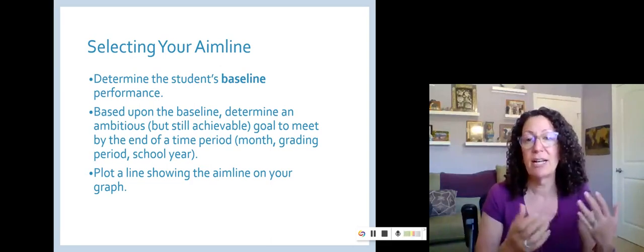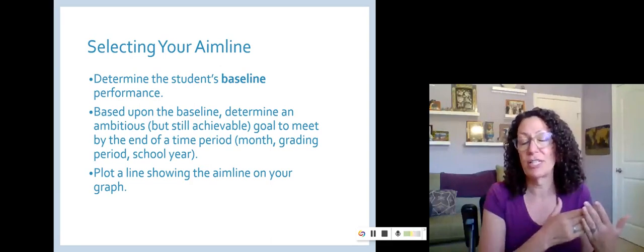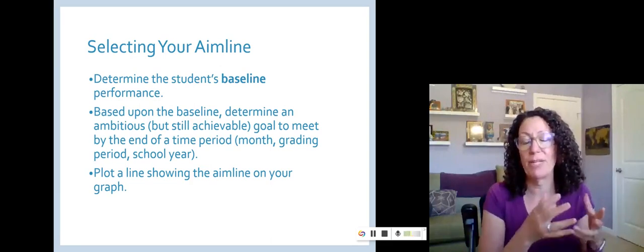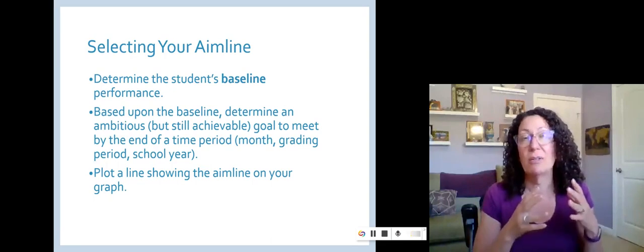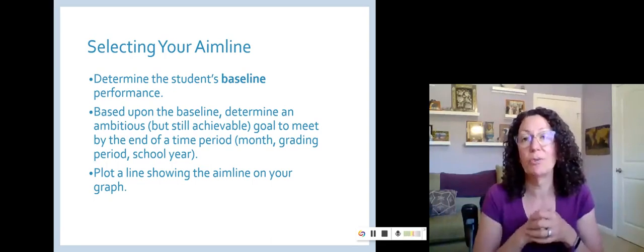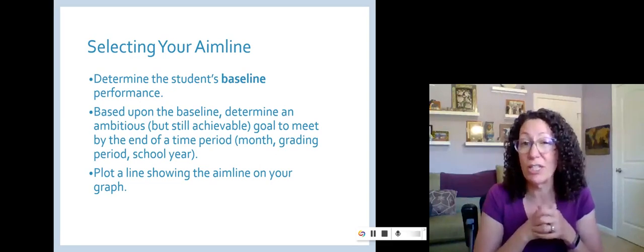So let's say that the student, this fictional data that I have with baseline oral reading fluency around 55, let's say that we want them by the end of the school year to read 120 words per minute, and we only have 30 weeks left. It might be hard to achieve.